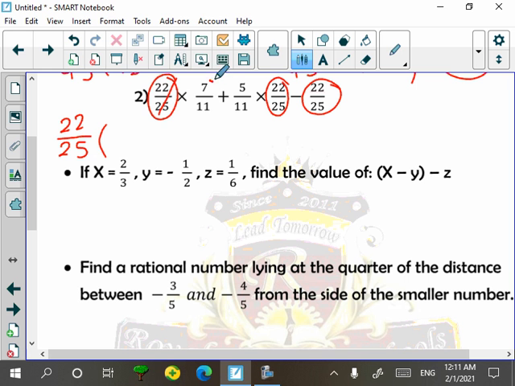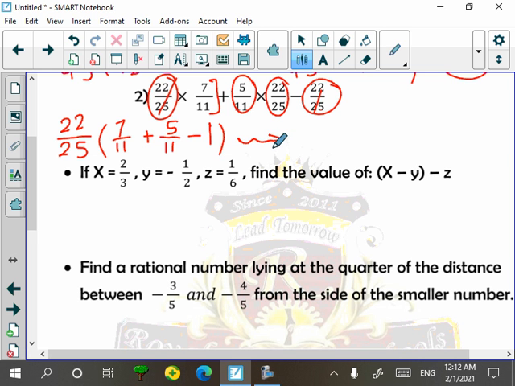It will be the remainder 7/11 plus, here it will be 5/11 minus, if we cancel 22/25, the remainder is nothing, then we will write 1. Okay, 22/25 bracket 7/11 + 5/11 - 1.